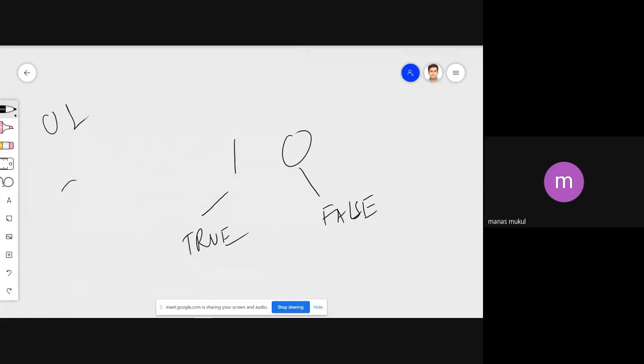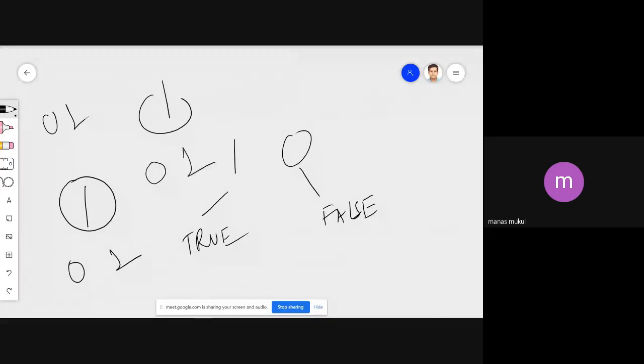You'll find that your switches will be marked like this. That means your on-off button on your laptop will always be marked something like this. What this actually represents is 0 and 1. Okay, so if you press, it's either on or it is off.